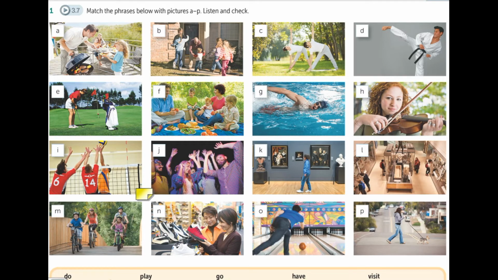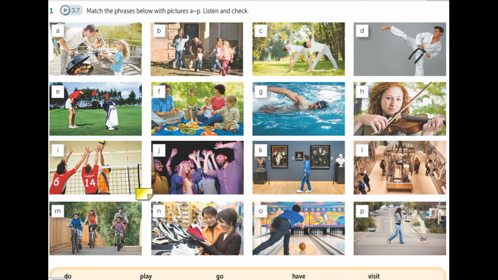Letter G, it's another sport, another activity that the man is practicing right now, okay? Remember this? What sport do you practice like this in the water, in a swimming pool? And letter H, the girl here is practicing her musical abilities, and she's using an instrument to play the music, right?